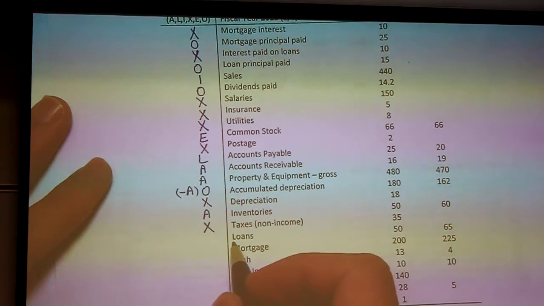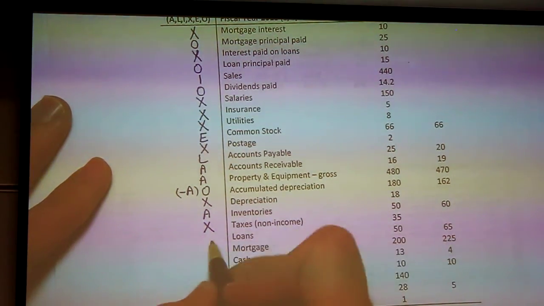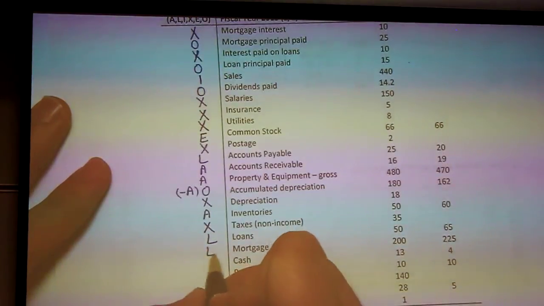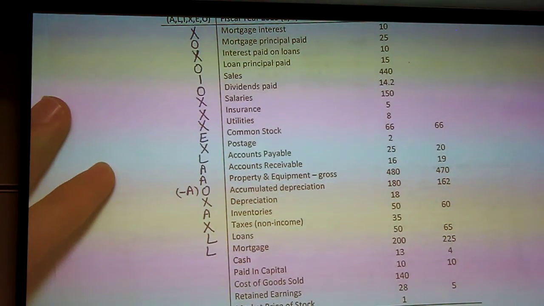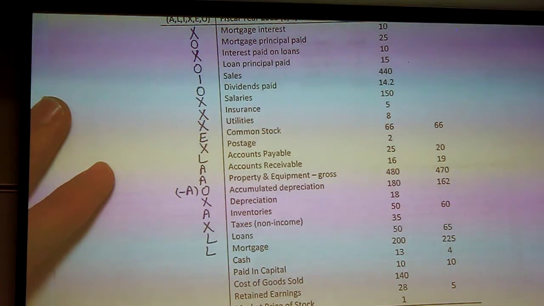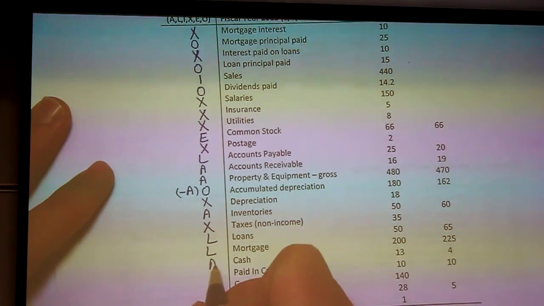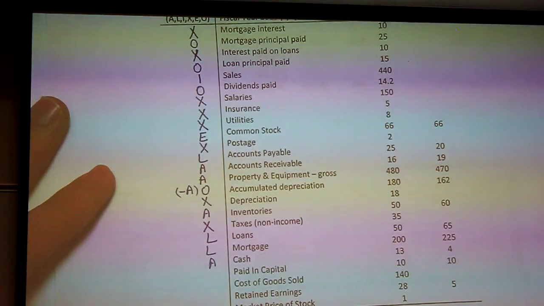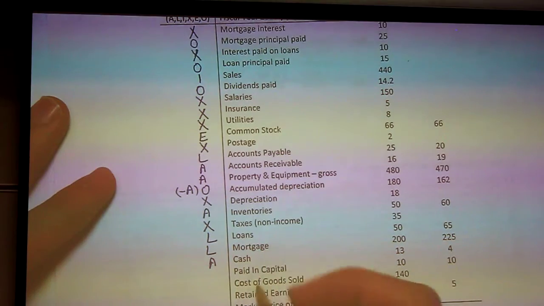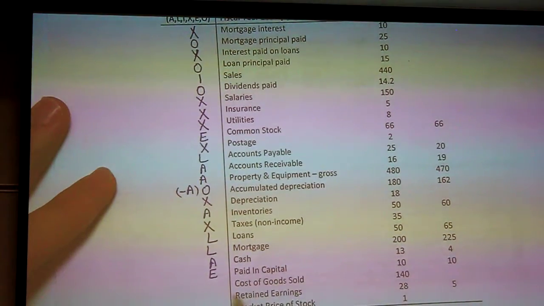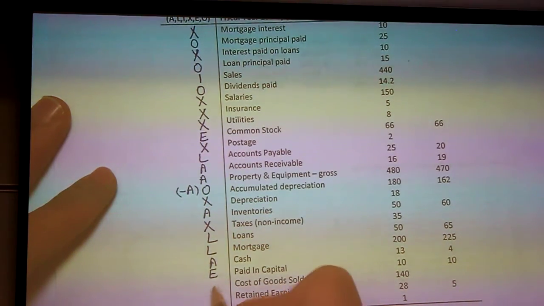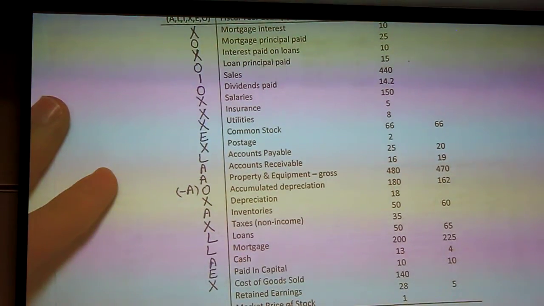Loans. Liabilities. Mortgage. Liability. Cash. Most liquid asset. Paid in capital. Equity. Cost of goods sold. Expense. Retained earnings.